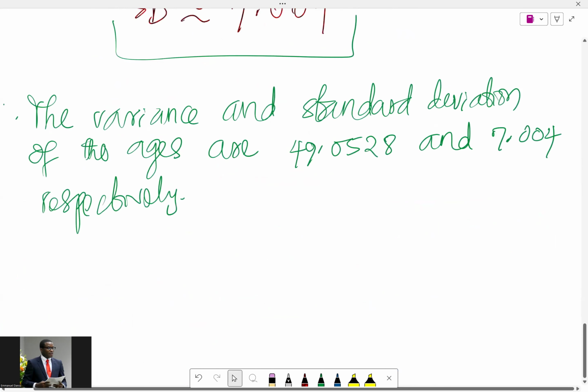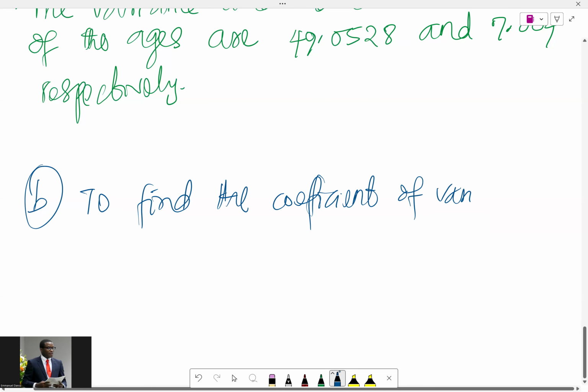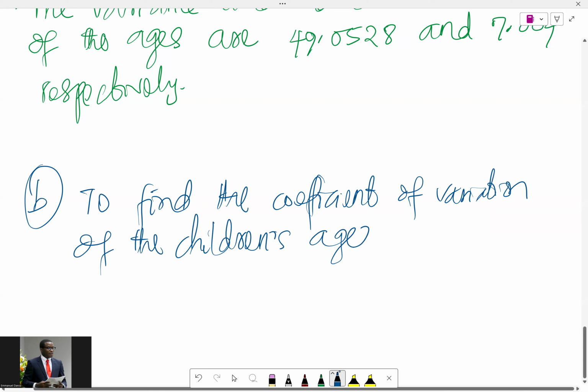So B now, to find the coefficient of variation of the children's ages.